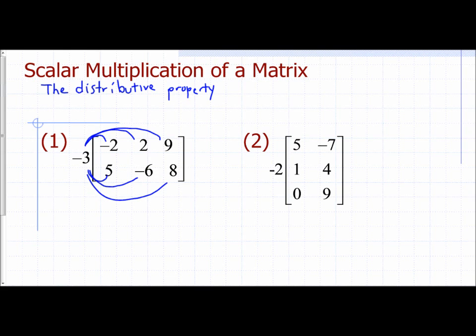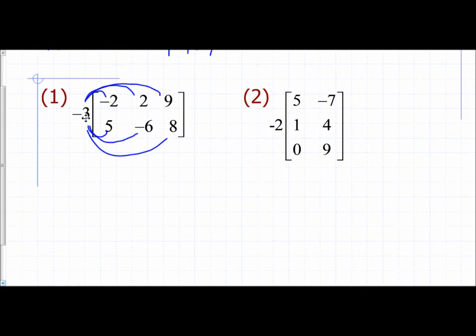And so if I'm doing scalar multiplication with the first matrix, I'm going to distribute a -3 to all the terms. And so that's going to give me, -3 times -2 is a +6. -3 times +2 is a -6. And -3 and 9 is -27.